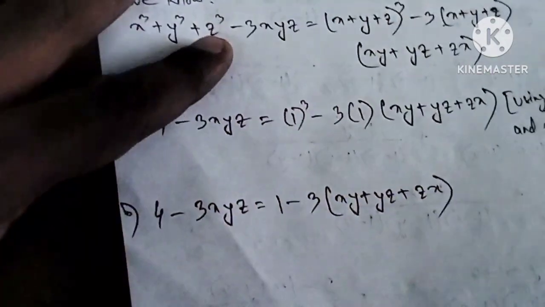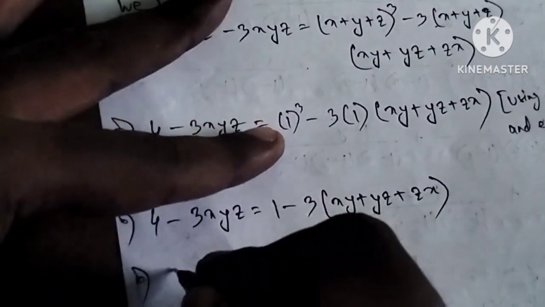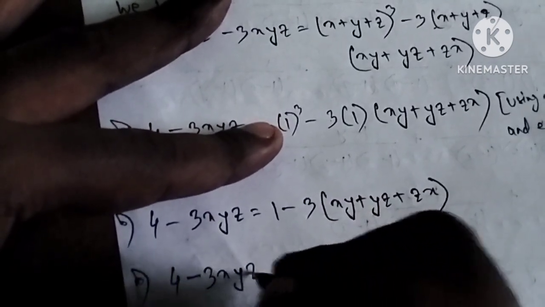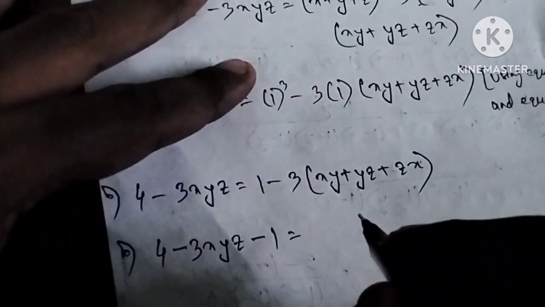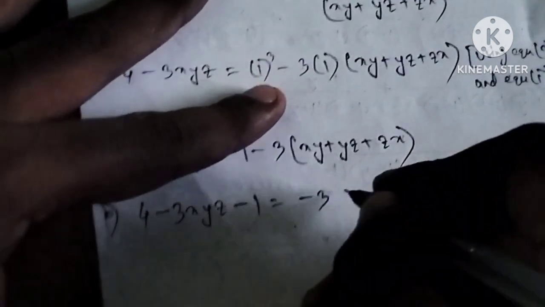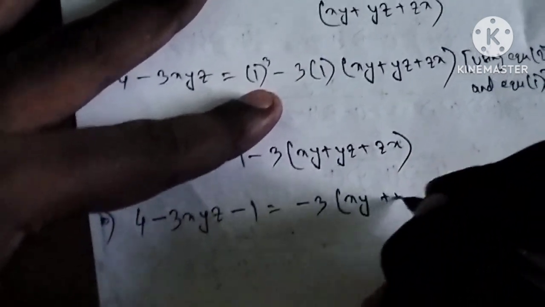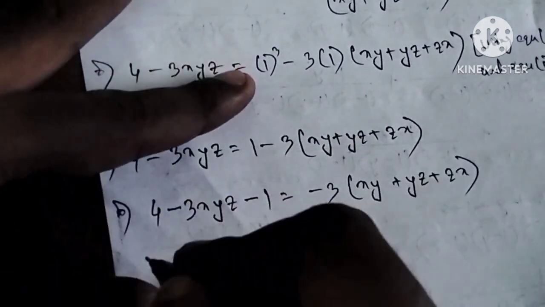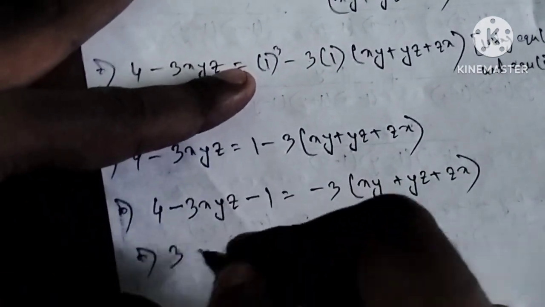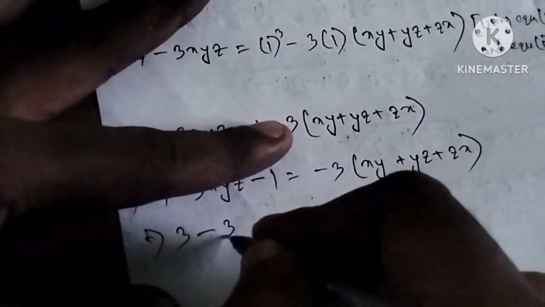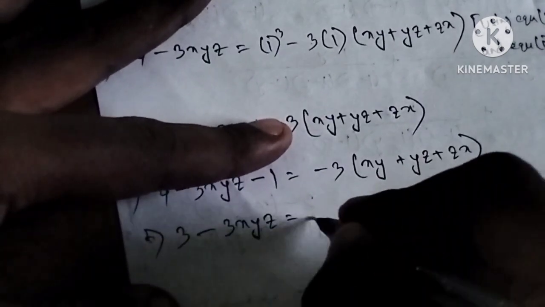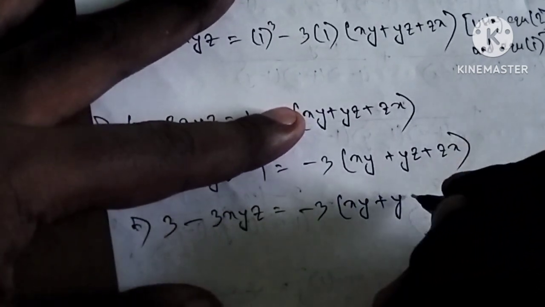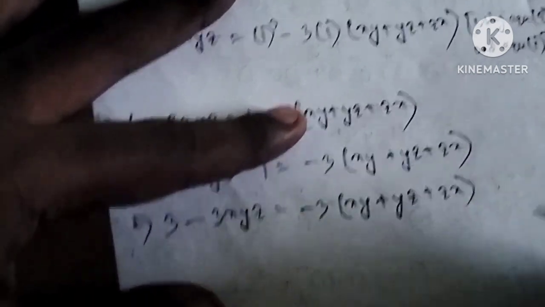Clear? So it will be 4 minus 3xyz minus 1 is equal to minus 3 into xy plus yz plus zx. Clear? So 4 minus 1 is 3. 3 minus 3xyz is equal to minus 3 into xy plus yz plus zx.